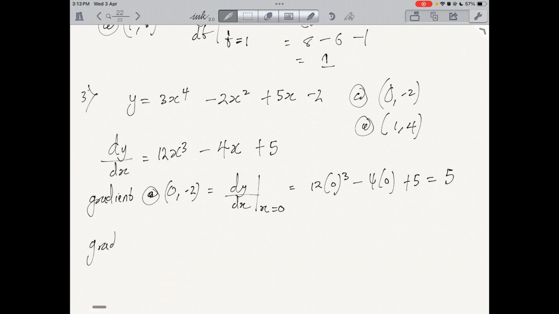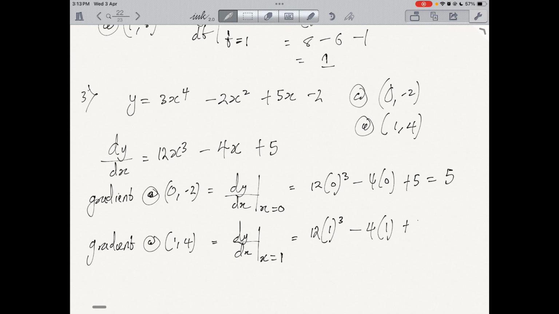Likewise, the gradient at 1, 4 is equal to dy/dx at x equals 1. So wherever we see x in dy/dx, we substitute 1. This will give us 12 into 1 raised to the power 3 minus 4 into 1 plus 5, and this will give us 13.